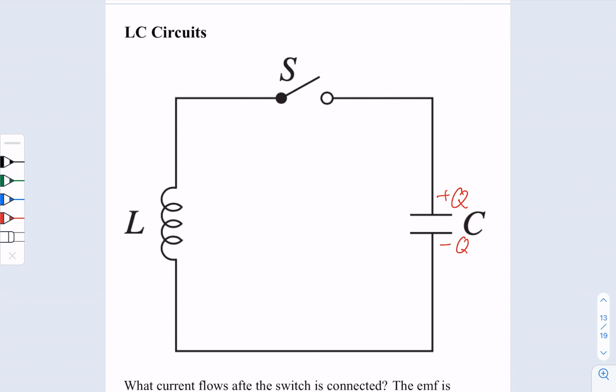So the current will change slowly, and meanwhile there is a change of energy from the electric energy to the magnetic energy here. So you can see that the energy oscillates between the capacitor and the solenoid. The electric and the magnetic energy are both oscillating, but they are out of phase.